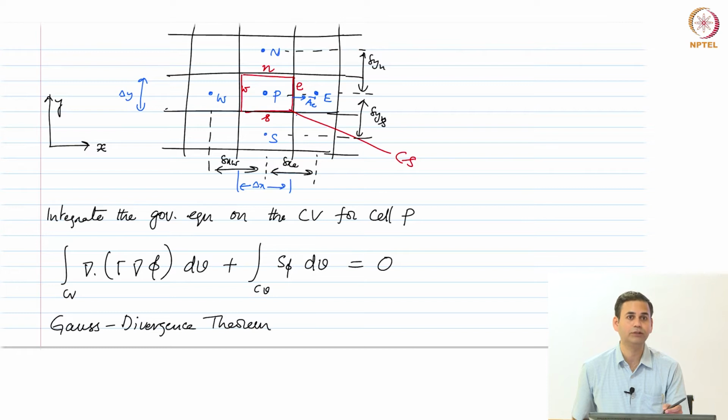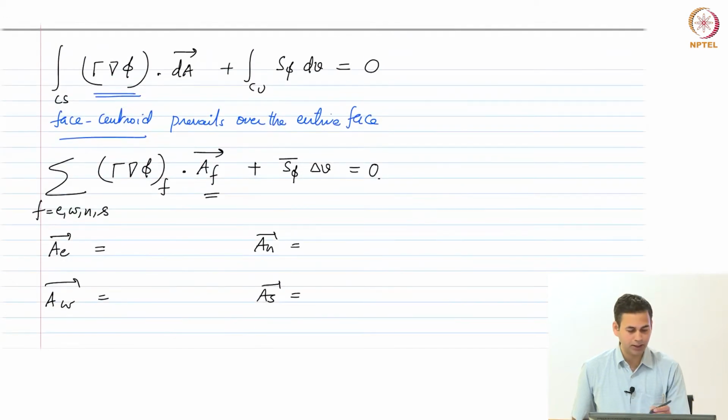What will be the magnitude? Delta y is the area, so delta y times i. So, A E bar is essentially i times delta y, pointing in the positive x direction. Is there a component in the j direction? No. So, essentially 0, we do not have a component. So, that is i delta y plus j times 0.